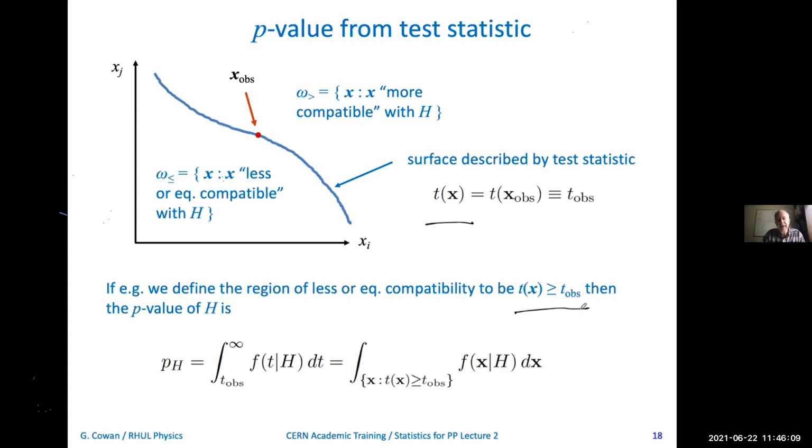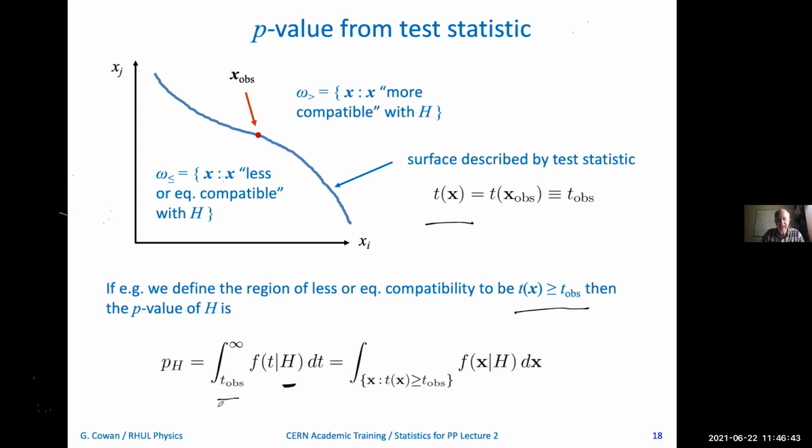And if I do that, then the p-value of my hypothesis is simply the probability, under assumption of that hypothesis, to find the statistic t greater than or equal to the value of t that I observed. That is equivalent to an integral over t, or an integral over the corresponding x space: the probability to find x in the region where t of x is greater than or equal to t observed.